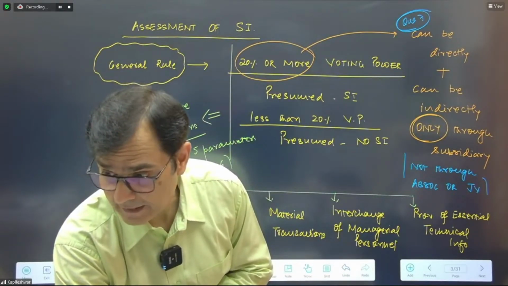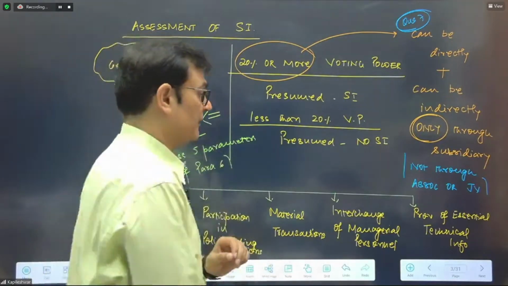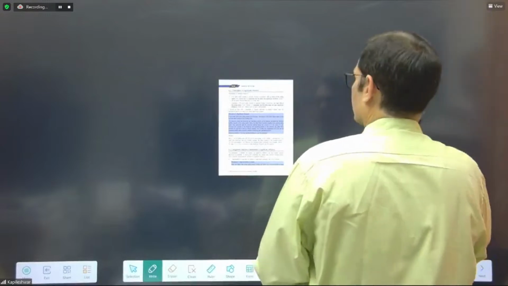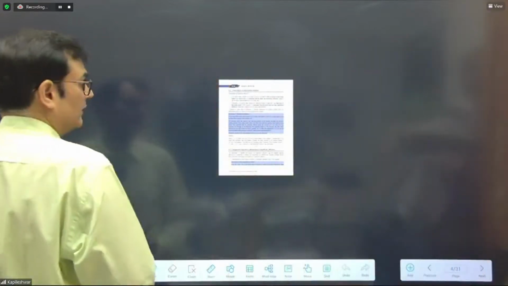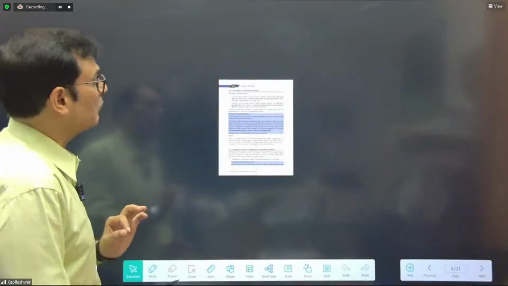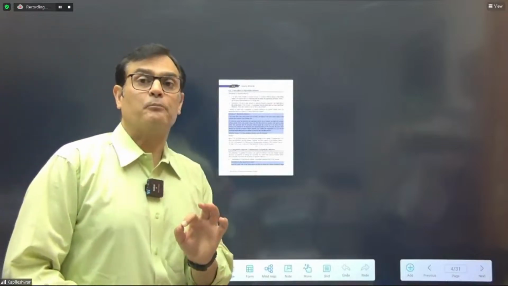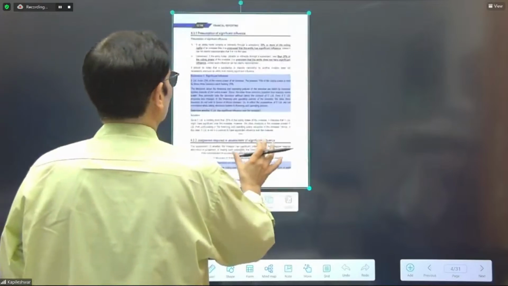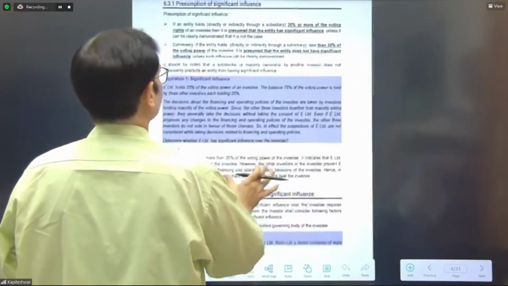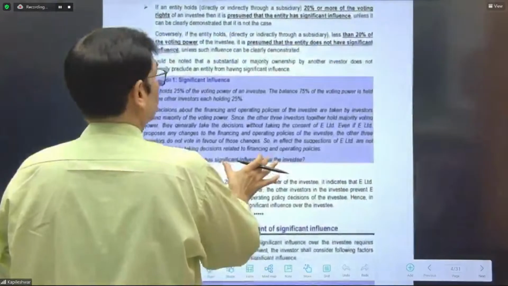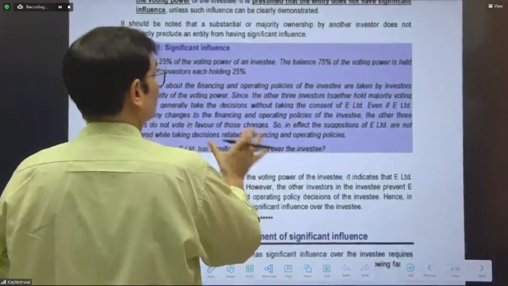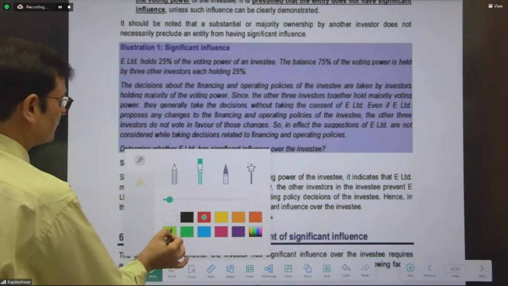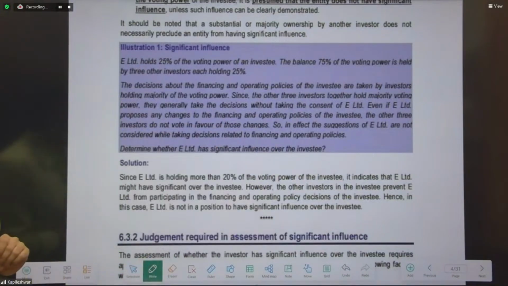Okay, let's take the journey forward, friends, and go to the study material for some questions. First, there is illustration number 1 on page 14.144. Let me just read the facts; we'll make an assessment of the significant influence.